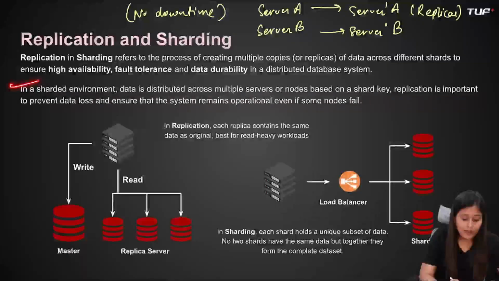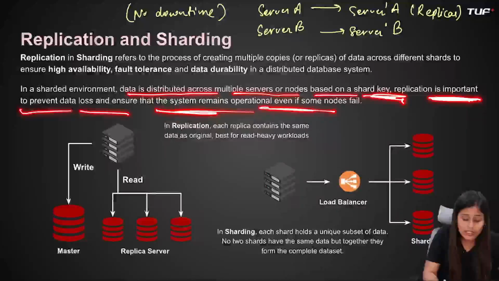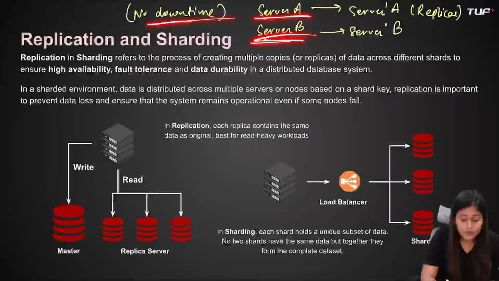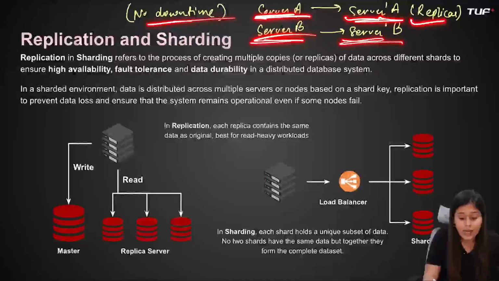In a sharded environment, the data is distributed across multiple server nodes based on a shard key. We know that. Replication is important to prevent data loss and ensure that the system remains operational even if some nodes fail. So let's suppose here we have two servers, server A and server B, and we have created a replica server for both servers, where we have saved a copy of the data.